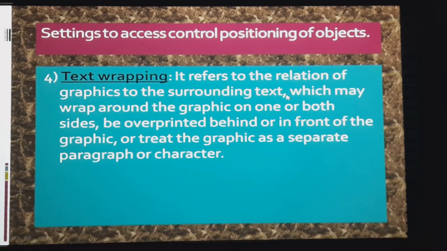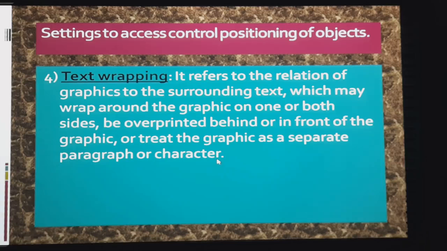Whenever we establish a relationship or connectivity between graphics and the text which surrounds that graphics, it is called text wrapping. The text may wrap around the graphics on one or both sides, be overprinted behind or in front of the graphics, or treat the graphics as a separate paragraph or character.